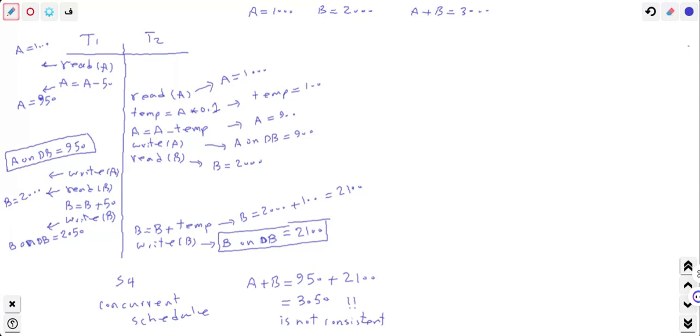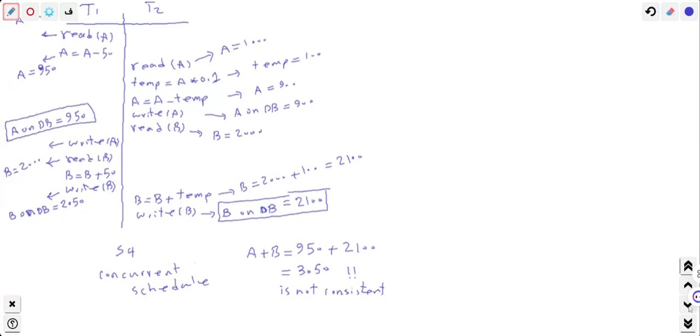If a concurrent schedule is equivalent or similar to a serial schedule, then we can show that the result will be consistent. So we define the concept of serializability.